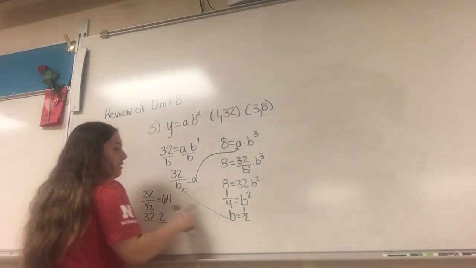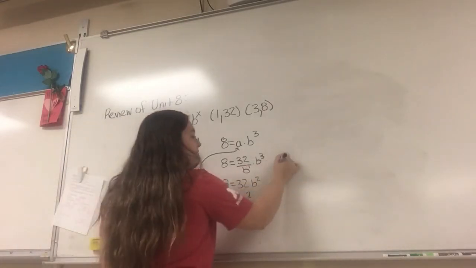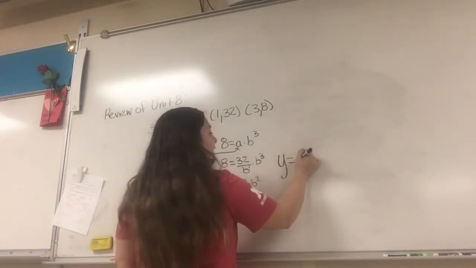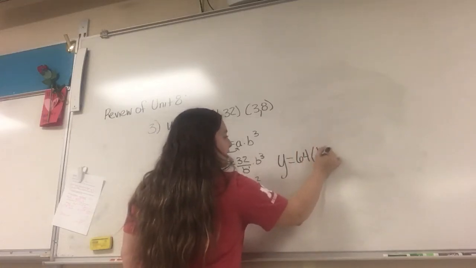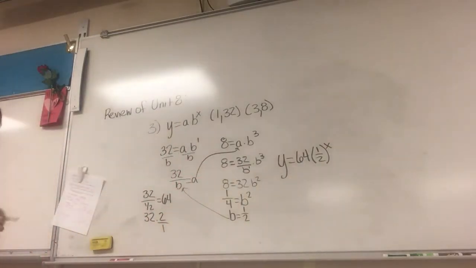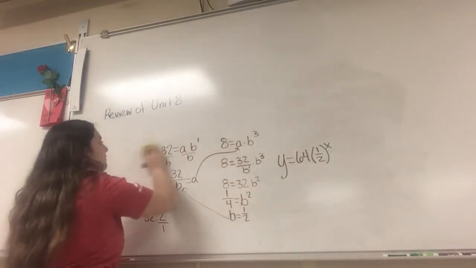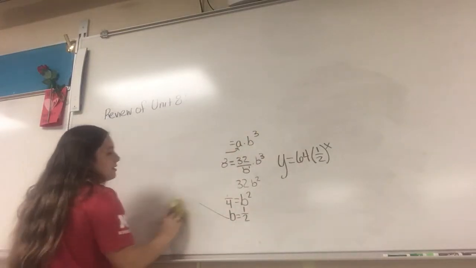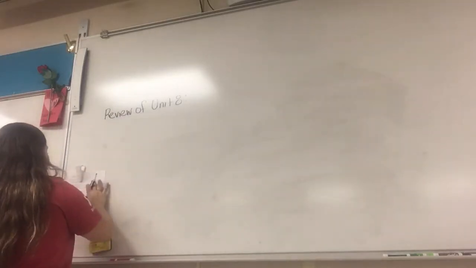So we have our A and B values. So our full equation now is y equals our A value of 64 times our B value of 1/2 to the x. So we wrote our equation. Okay. Remembering all those steps, again, you should have your notes from last time, and you can always contact me to see if you have any questions.